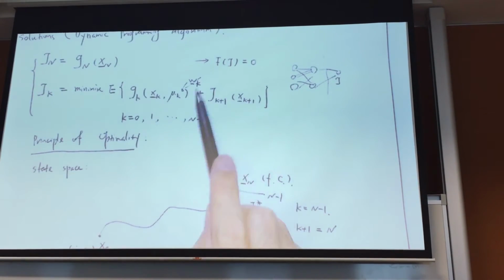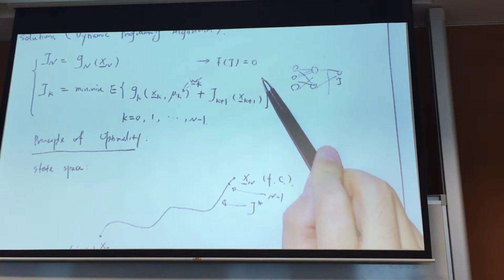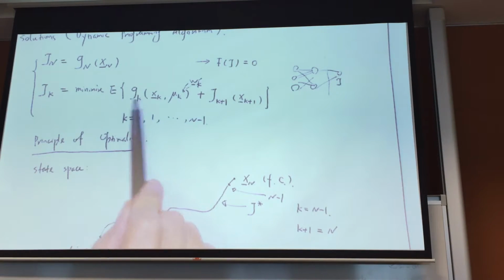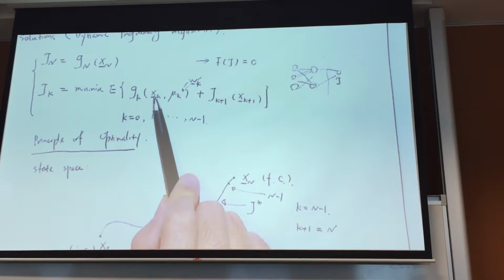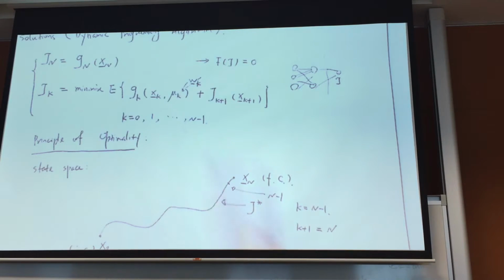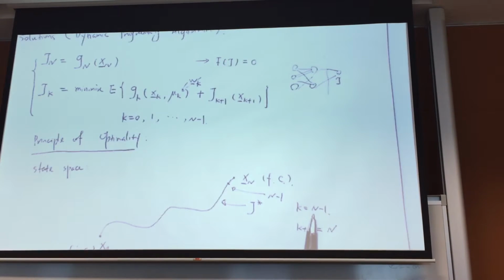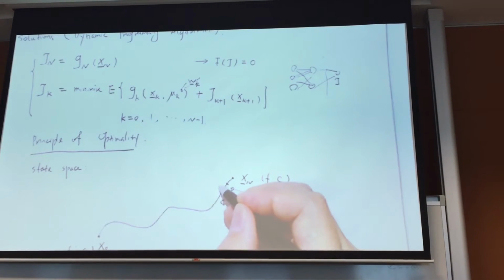This one is known because we already defined it, so we only need to tackle the optimization in this step. It's a one-step optimization, so we only need to optimize the function for the step of n minus 1. We do this recursively, backwards.